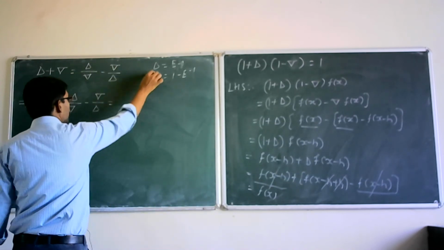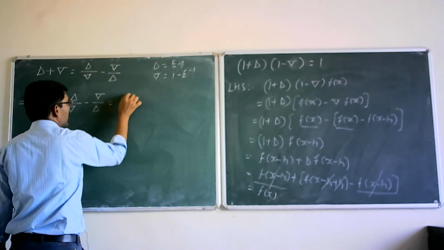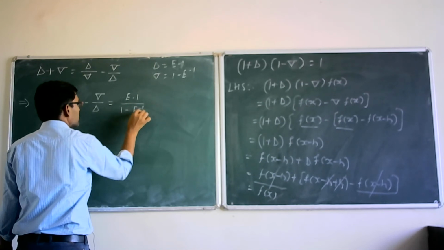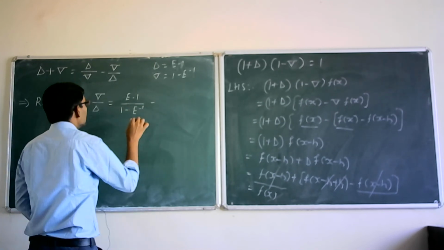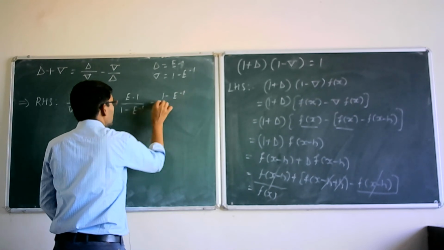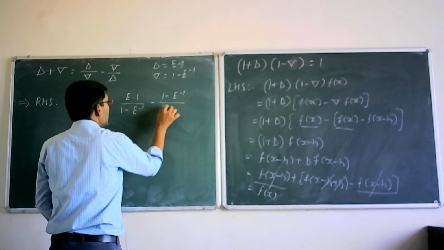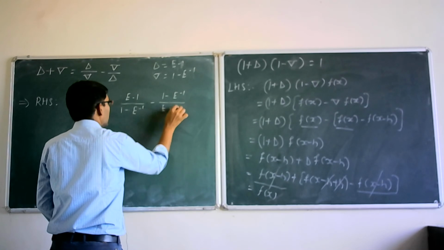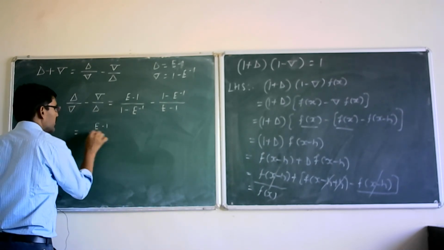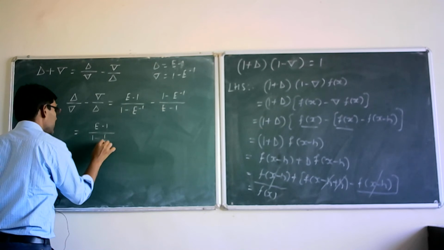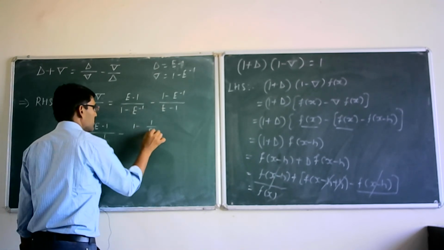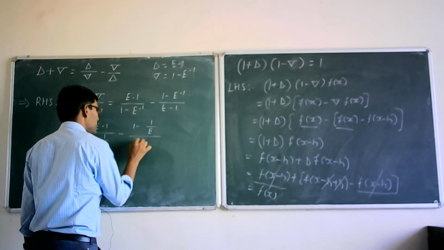If we use these two equalities, what will we get? e minus 1 divided by 1 minus e inverse, minus 1 minus e inverse divided by e minus 1. So to simplify this, you will get e minus 1 divided by 1 minus 1 by e, minus 1 minus 1 by e, this whole divided by e minus 1.